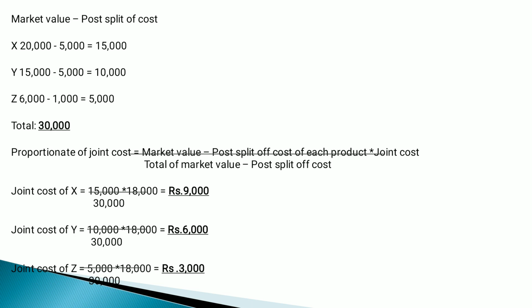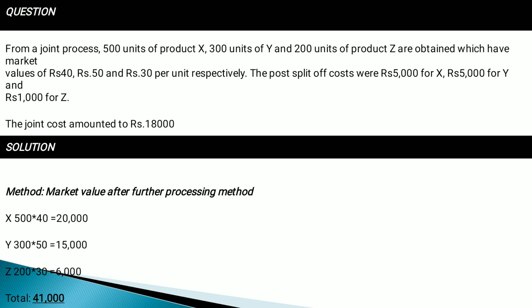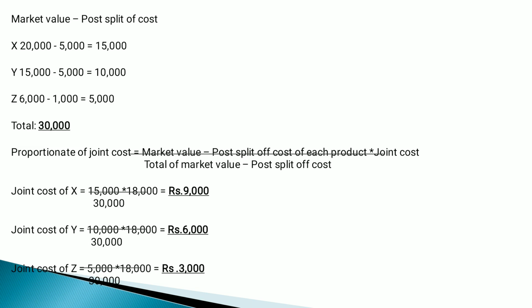X is equal to 20,000 minus 5,000, which is 15,000. The post-split cost for X is rupees 5,000, for Y rupees 5,000, and for Z 1,000. So for X we get 15,000, and for Y 15,000 minus 5,000 is equal to 10,000, and Z 6,000 minus 1,000 gives 5,000, and the total is 30,000.